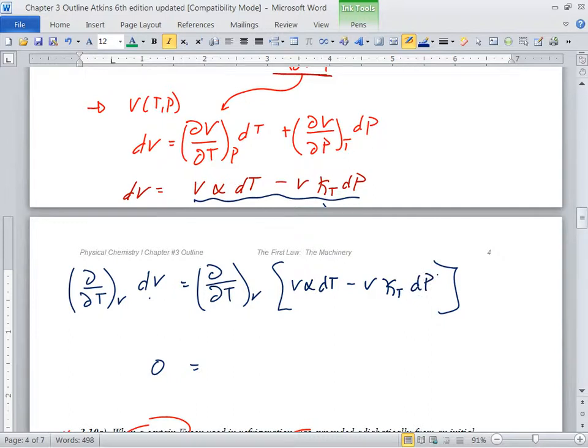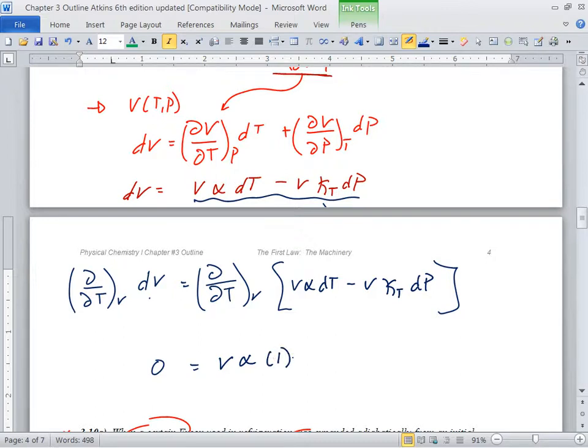When I pull my partial derivative through here, v is constant, so it goes straight through. Alpha is just a constant, so I end up with dt over dt. That's going to be my 1.